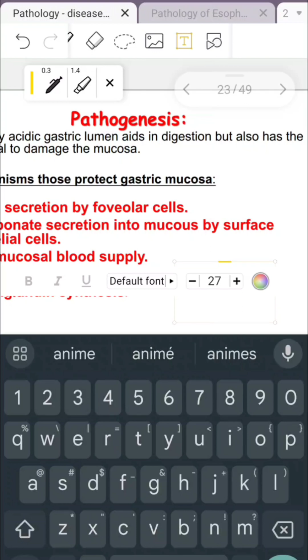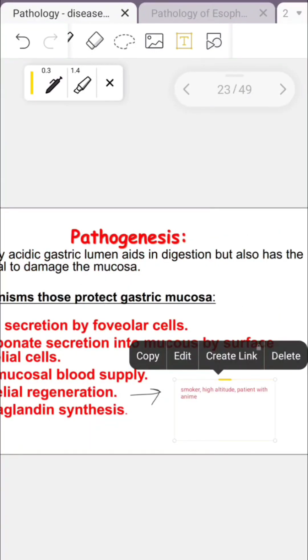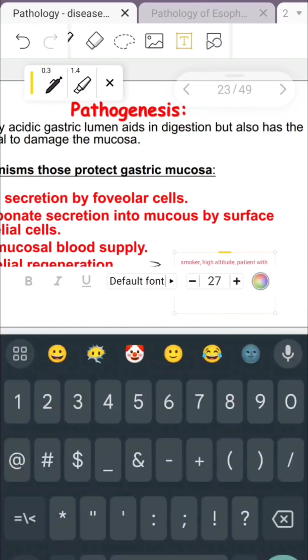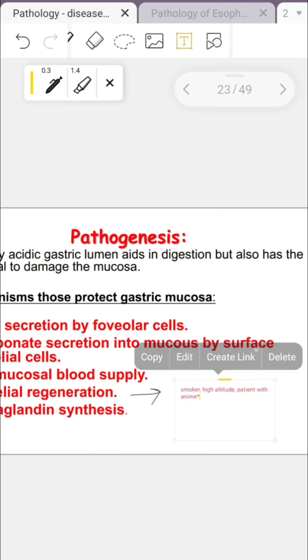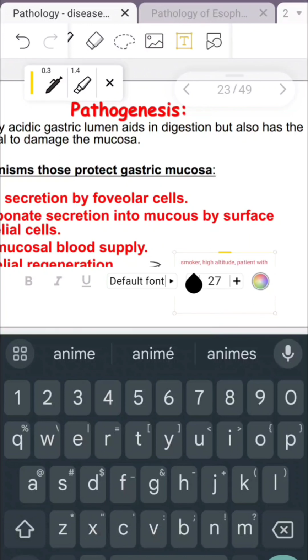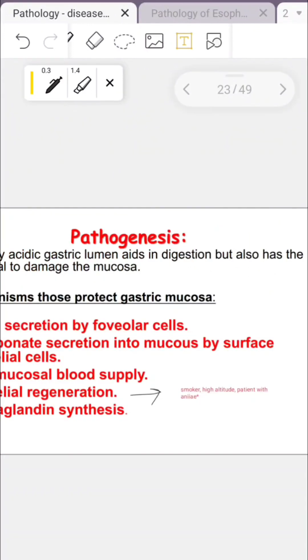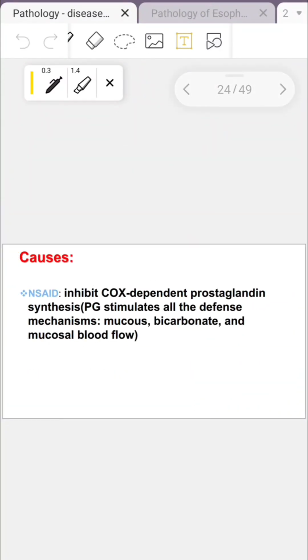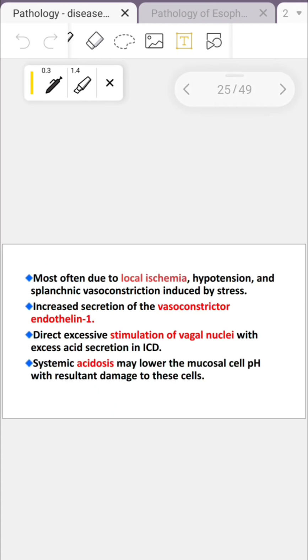Why is gastritis more common in the elderly? Elderly patients have decreased secretory activity of all the glands, and mucin secretion. As we said, non-steroidals inhibit prostaglandin synthesis, and prostaglandin induces mucus and bicarbonate secretion and intact mucosal blood flow. The same applies to local ischemia in shock and burn, vasoconstriction in shock, vagal stimulation and increased intracranial pressure.